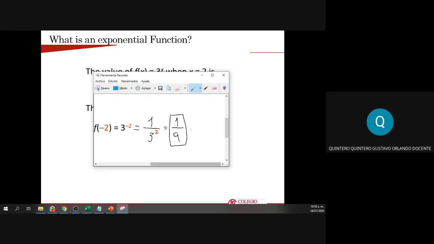Of course, if you have your calculator, you can approximate this to a decimal, 0 point something, maybe 0.111. So you can do an approximation, but remember, this is extremely important, guys: this is the real answer, and this is an approximation.